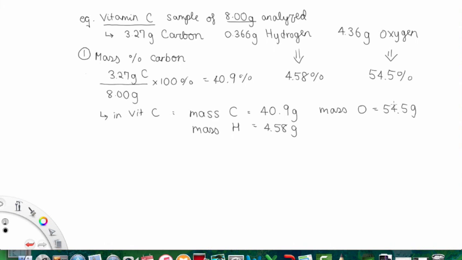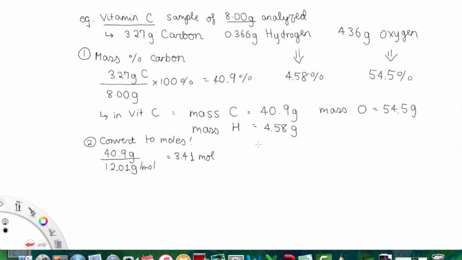Really straightforward, right? From here, you now know how to convert to moles. Step 2 is convert to moles. Let's try again with the carbon. We have 40.9 grams of carbon. Divide that by the molar mass of carbon, which is 12.01 grams per mole, a value you can get from your periodic table, and you end up with 3.41 moles.